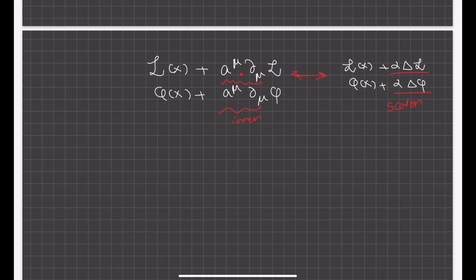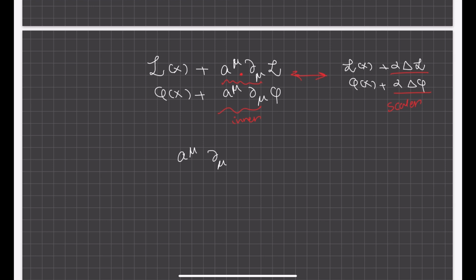In terms of that, I am just using a mathematical trick. To get rid of this inner product, a mu and the mu derivative, let me write it down. Imagine I have a mu. In order to make the relationship between them like a scalar product, I should change their indices.